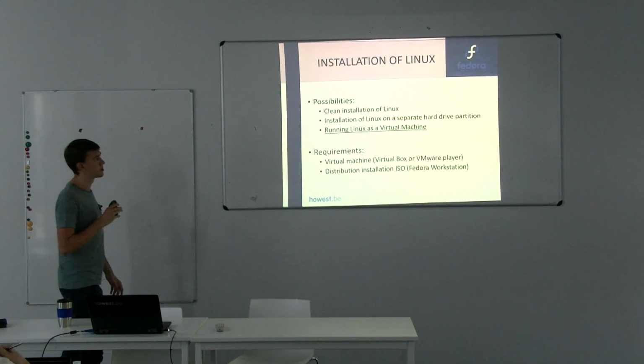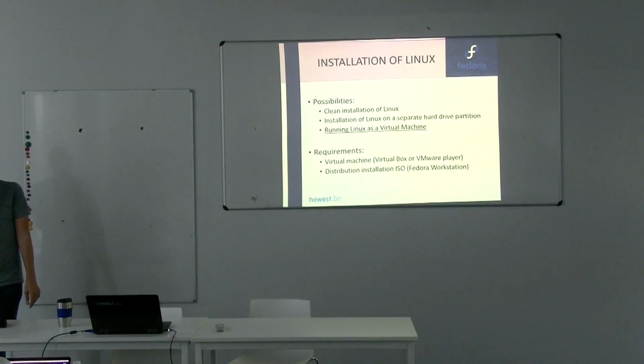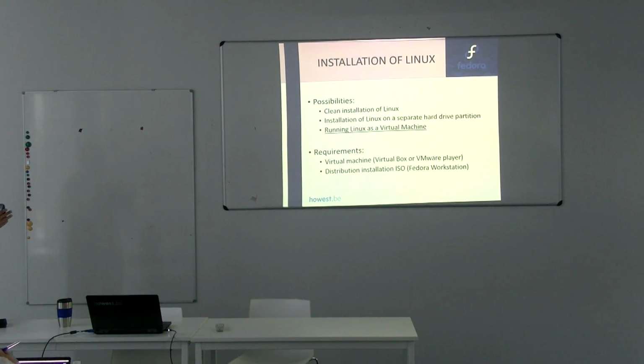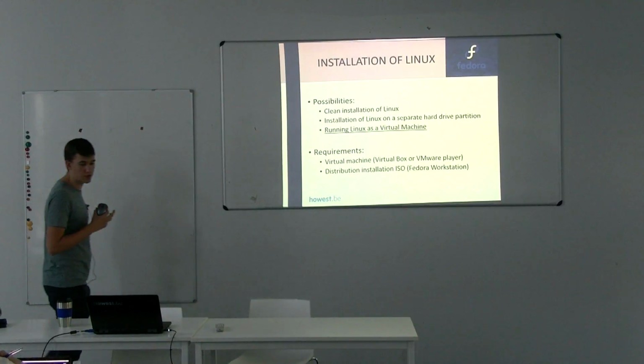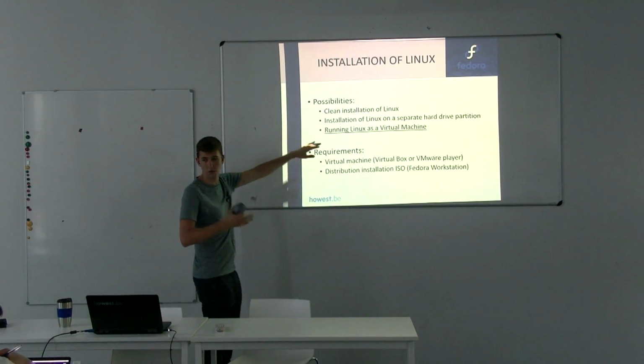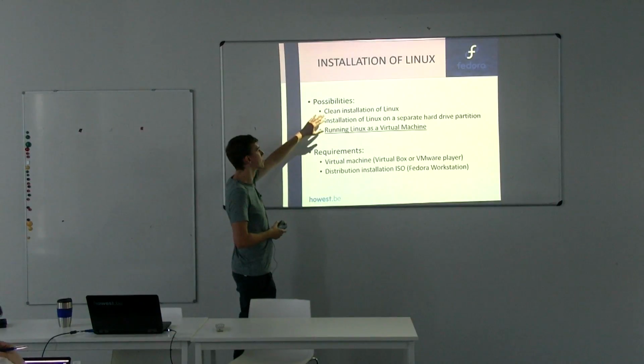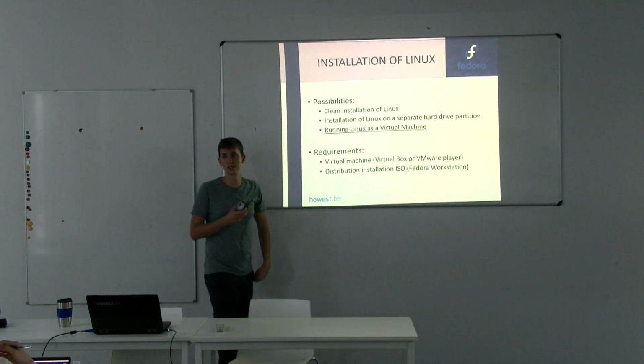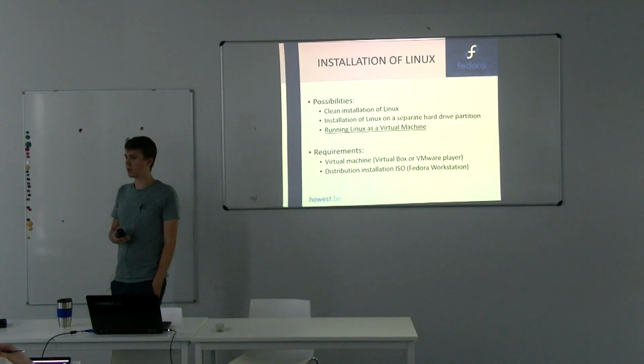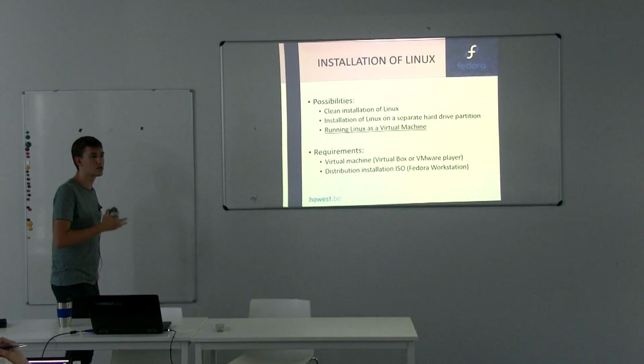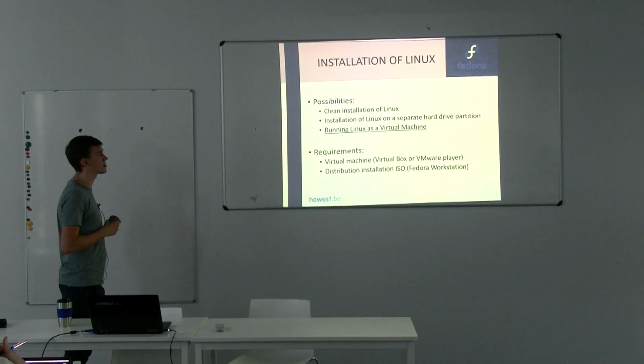If we look at the possibilities, there are a lot of possibilities for the installation. I already gave you an introduction to the installation of Fedora. It is possible to delete Windows from your computer or delete your OS X system from your MacBook, and have a clean installation of Linux. Just install Linux as the first operating system on your computer.